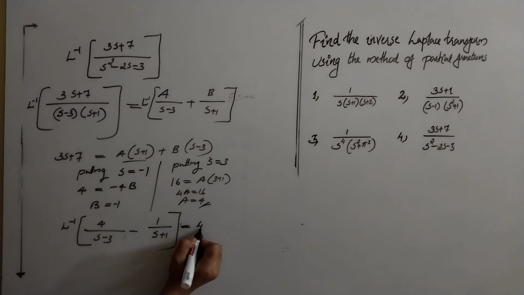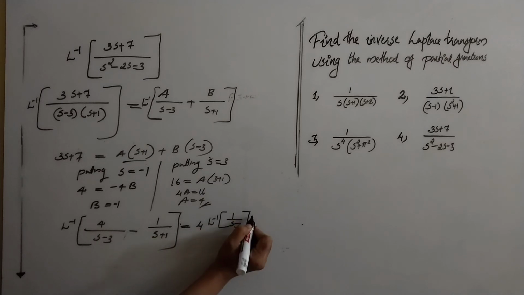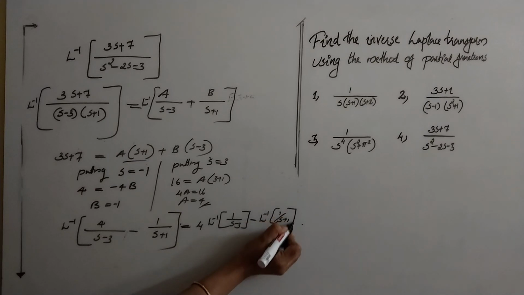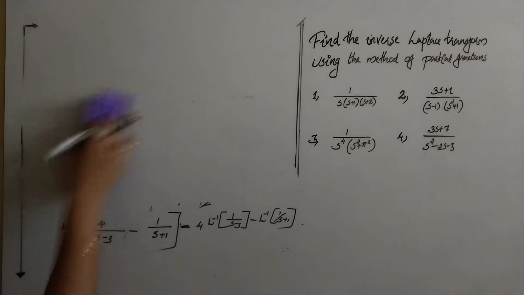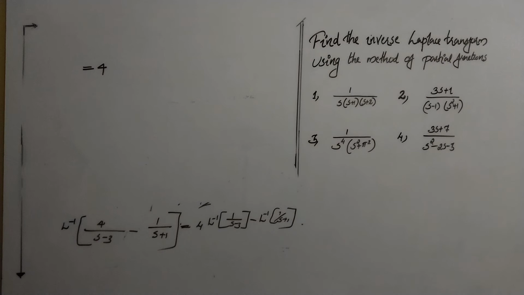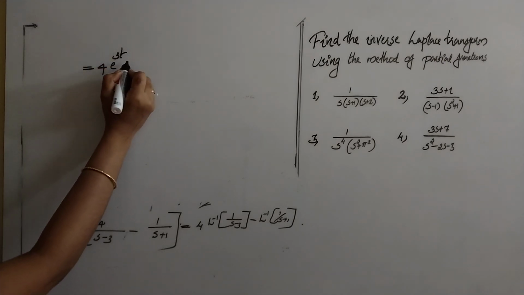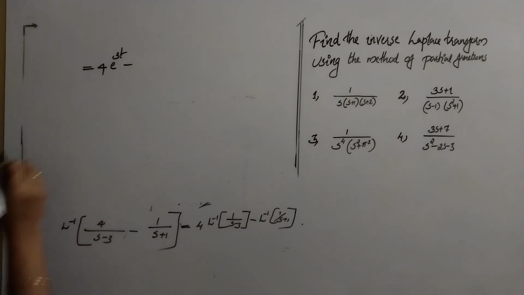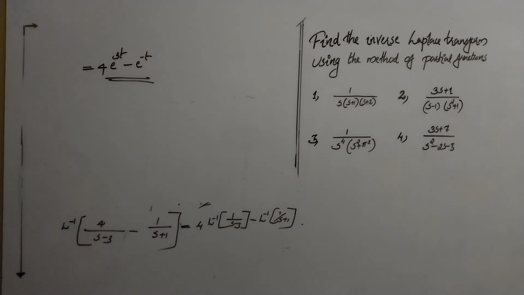This is equal to 4 into L inverse of 1 by s minus 3 minus L inverse of 1 by s plus 1. This becomes 4 into e raised to 3t minus e raised to minus t.